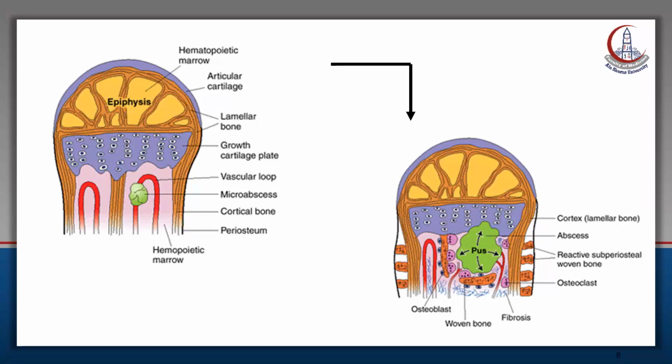This expansion stimulates bone resorption around the abscess, and also starts deposition of reactive woven bone around this area. It also stimulates the periosteum to form a reactive subperiosteal woven bone.